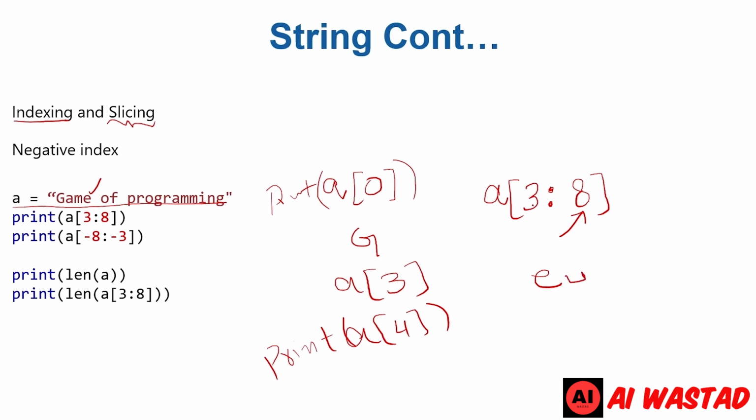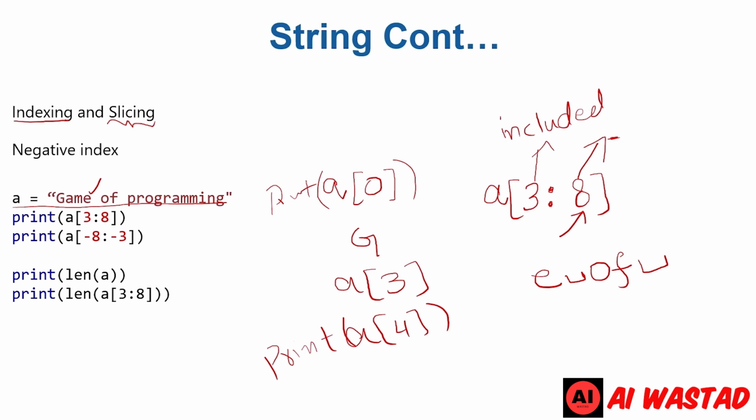Character at index 5, which is O, character at index 6, the next character, which is F, then a space, which is 7, and then the character at 8. So this is not included. This is included. This is inside. This is included. This is not included. So we can access a substring, starting from 3, ending at 8.